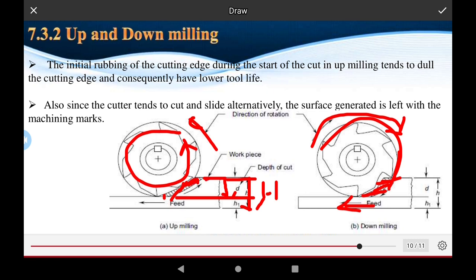This is the tip of the tool, which performs the operation of removing the extra material on the workpiece.